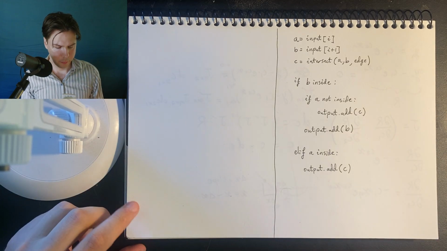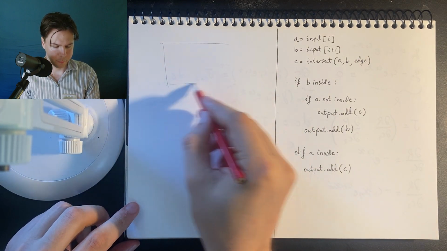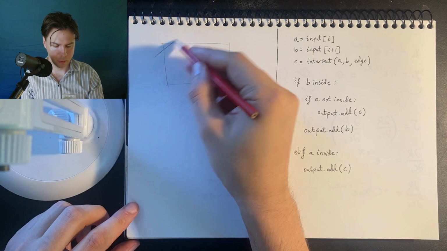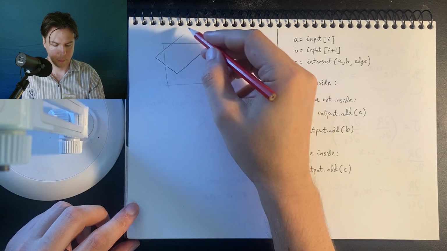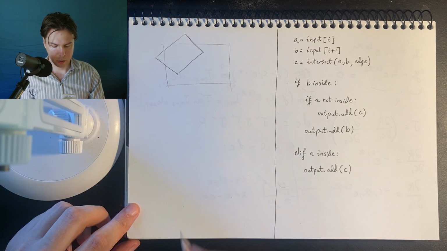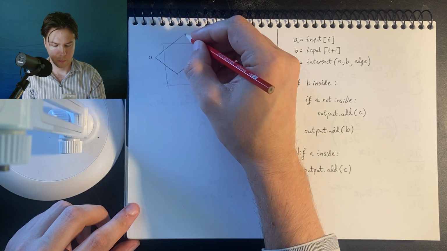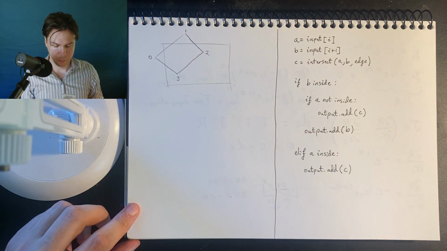All right, so let's say that we have a screen area with 4 boundaries, and I'll make a polygon which is partially off screen. Like that. And I'm going to label these point 0, 1, 2, and 3.